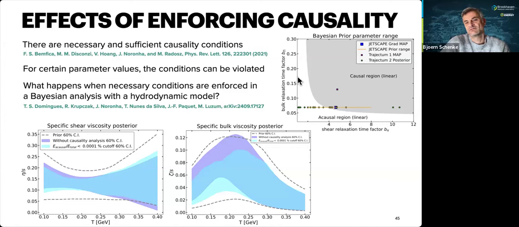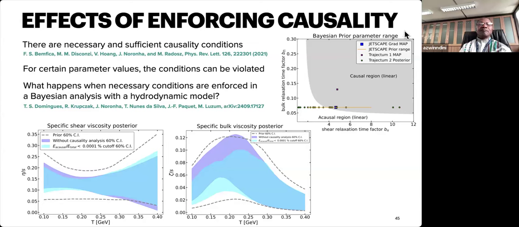I don't think it would, because this is purely from theory. And then experiment just tells you which are the preferred values of these, and they either lie in that region or not. And then what they do is, if they're not, they either remove them or not. And that gives these two different bands.